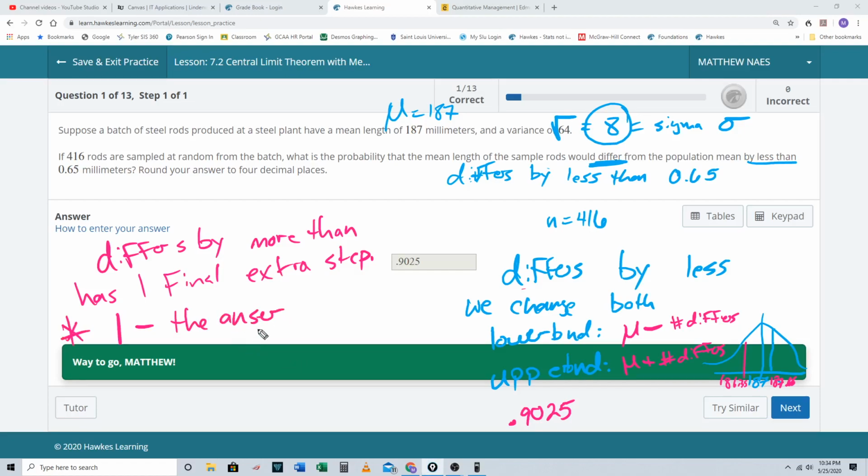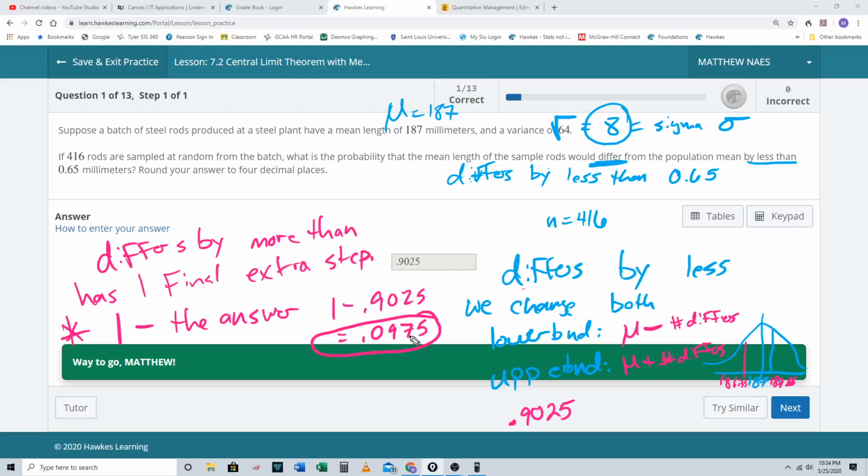So if this said differs by more than, my answer would be 1 minus 0.9025, which would be 0.0975. And that would be my answer.